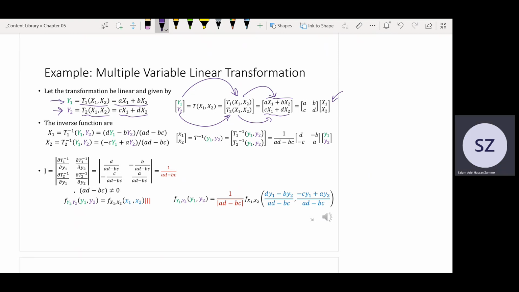So how do we write this as a matrix multiplied by the vector X1, X2? It's aX1 plus bX2, and the second is cX1 plus dX2. So I can write this as a matrix multiplied by the vector X1, X2. We call this the transformation matrix, the matrix that takes us from X to Y. Okay?